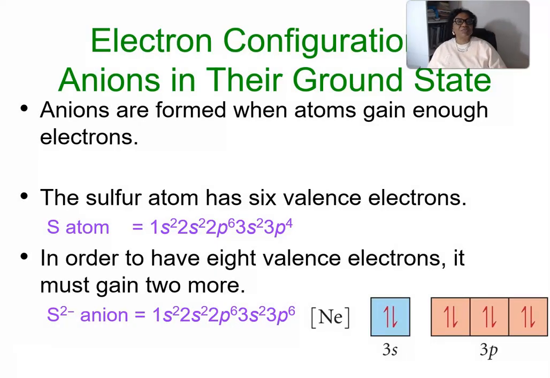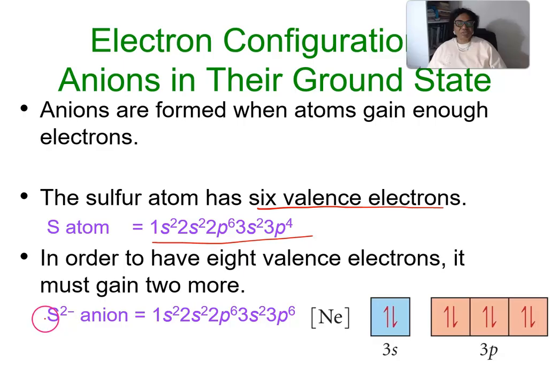Let's look at electronic configuration of anions in their ground state. Anions are formed when atoms gain enough electrons. Sulfur atom has 6 valence electrons. This is sulfur atom. In order to have 8 valence electrons, so that it can be stable, it will fill its subshells, it has to pick up 2 electrons.